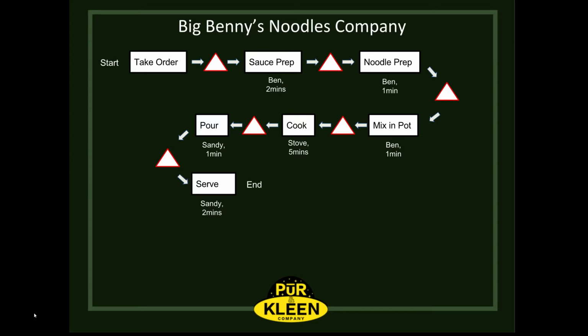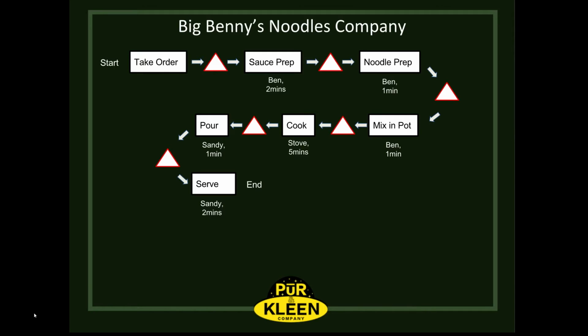The theoretical flow time is the minimum amount of time required to complete processing one flow unit, assuming all resources are available when we need them. In our Big Benny's Noodles example, the theoretical flow time of one bowl of noodles is 2 plus 1 plus 1 plus 5 plus 1 plus 2.